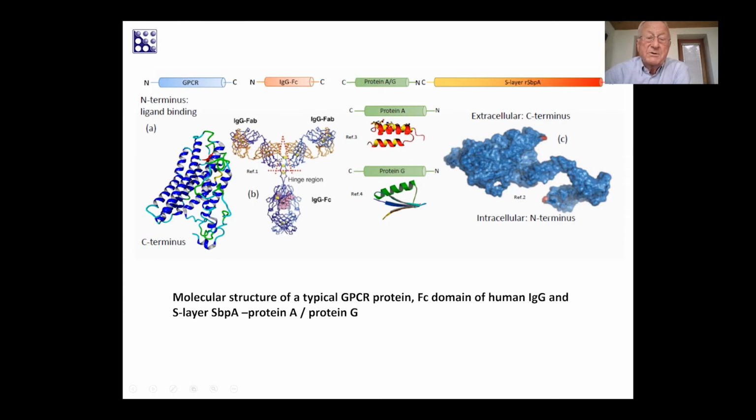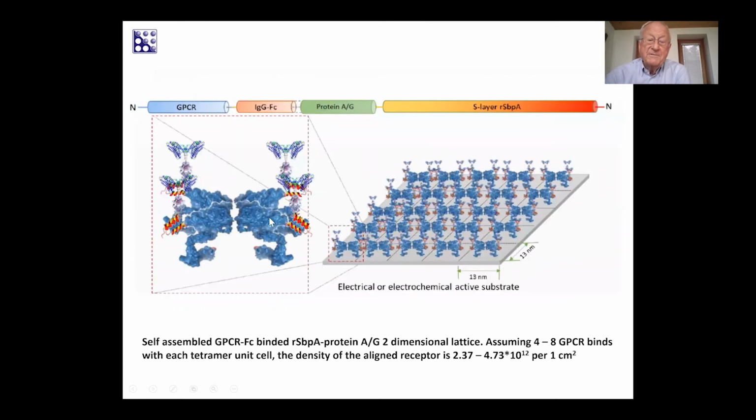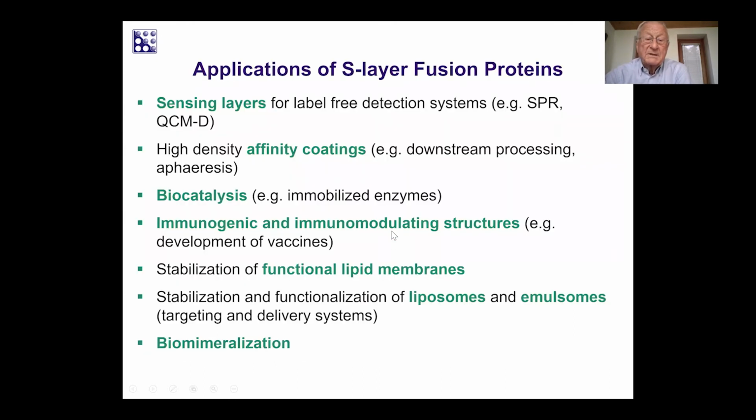So we have this fusion protein, and we used the S-layer protein A or protein G for generating the patterning. What you can see in the following, in the schematic drawing that Professor Zhang will describe in more detail, is that we have a very efficient distribution of these transmembrane functions. This is, I think, a very interesting aspect.